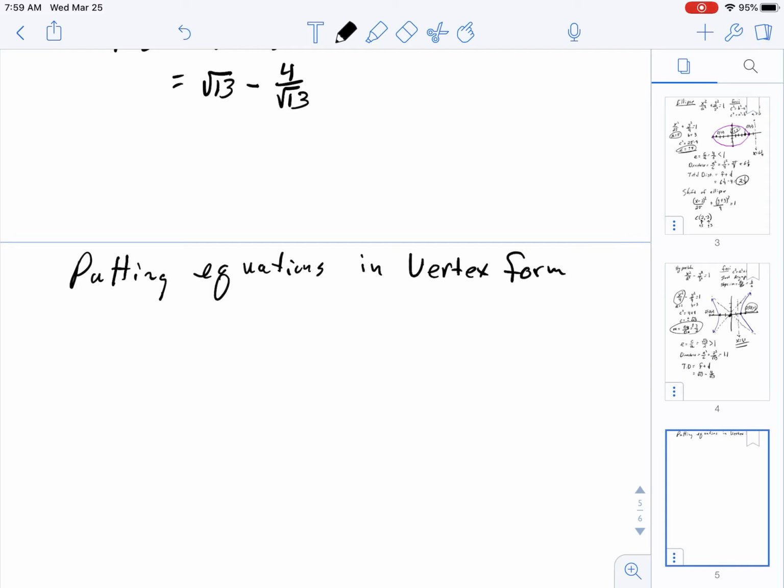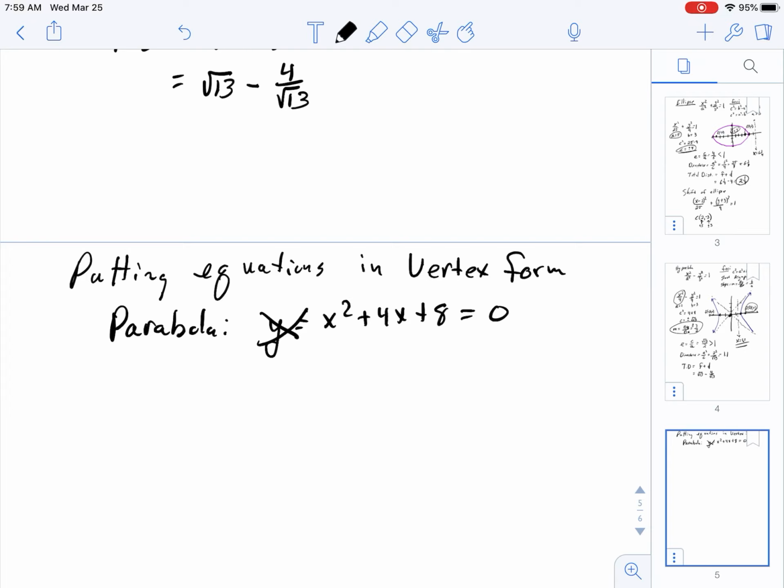Okay, so if we have, let's say, a parabola. Now you usually can tell that this is a parabola because only one value is being squared, like so. All right, so let's go ahead and complete the square, but convert it into vertex form instead of solve for it. So cross that off.